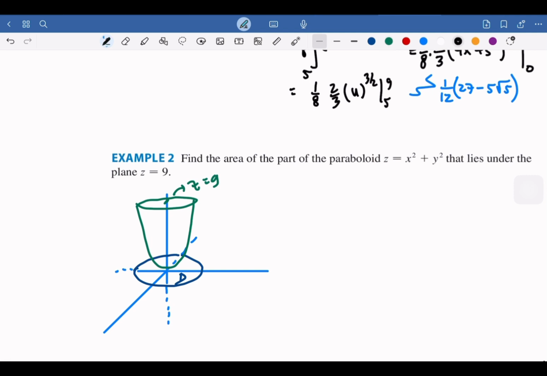So first, we can let this be f. And then we can write down the partial x, partial y, and then take the surface.